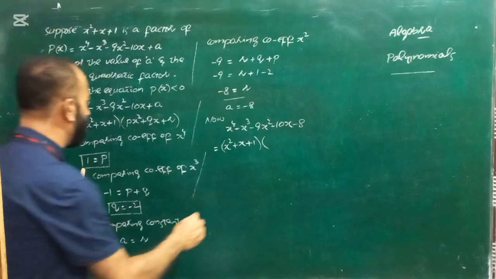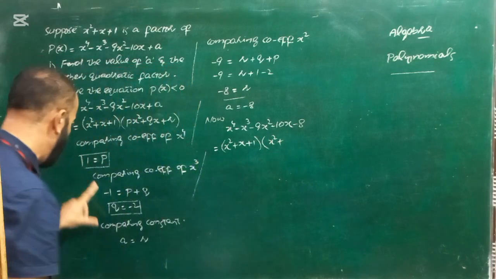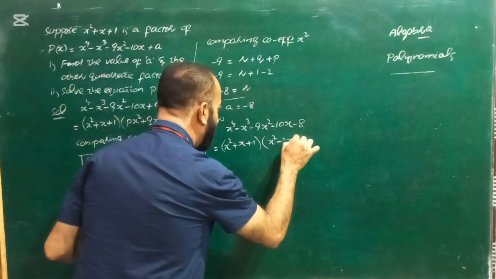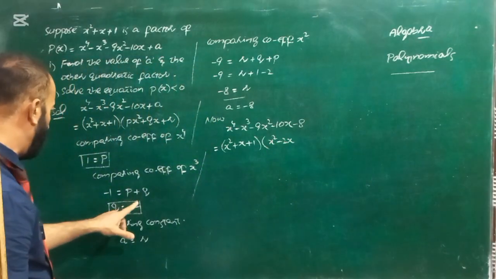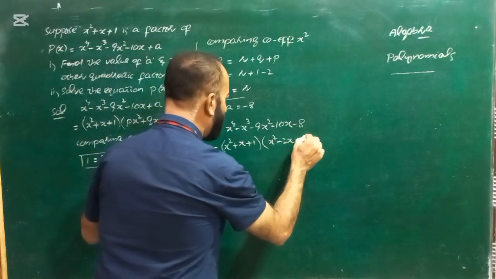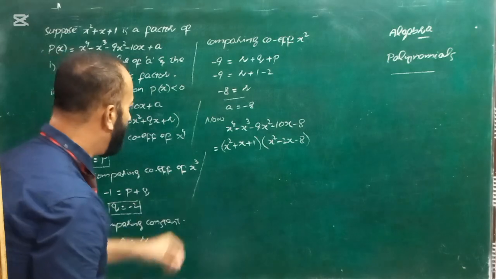So p is 1, so x square plus qx, so -2x, and plus r, and r is -8. So this is the step.